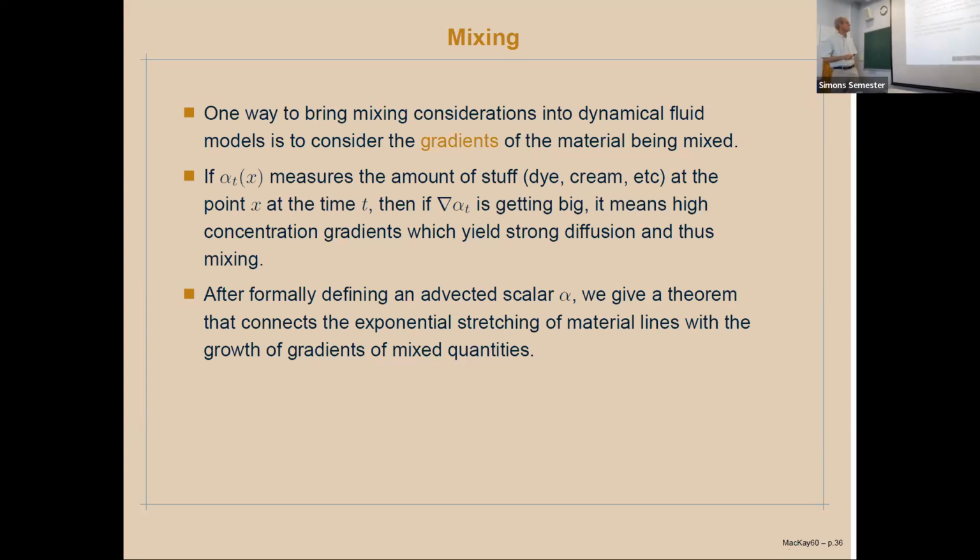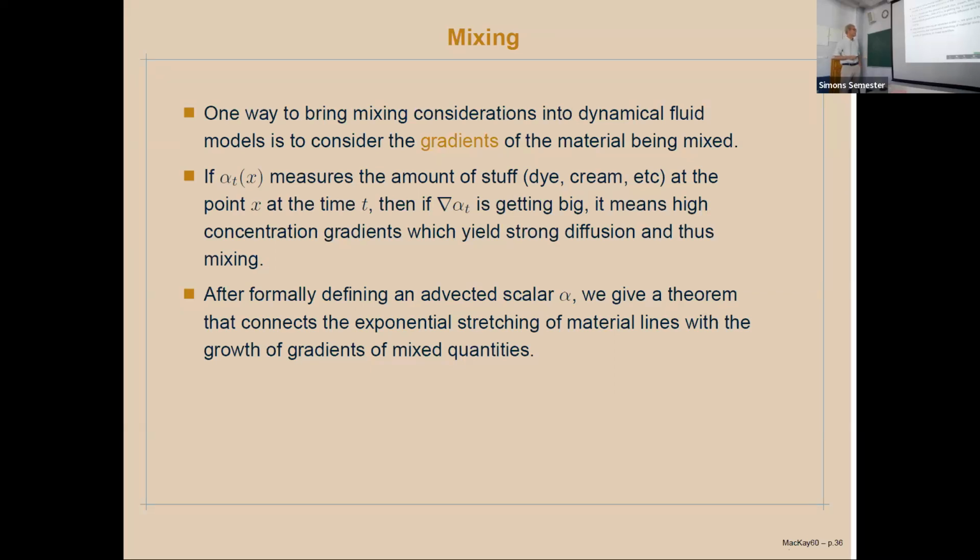And the idea is that if the gradients are getting big, it means you have these bumps here, but if you have multiple close layering, then you're going up, down, up, down, up, down. So the gradients getting big means that you're going to mix well.